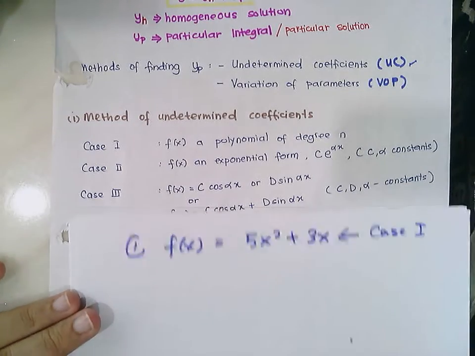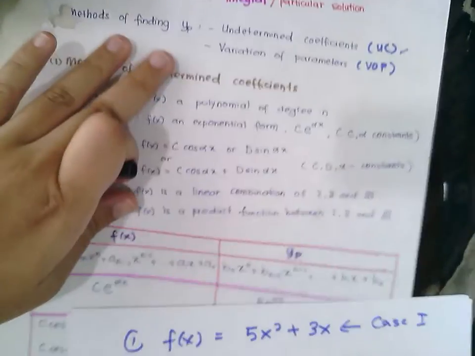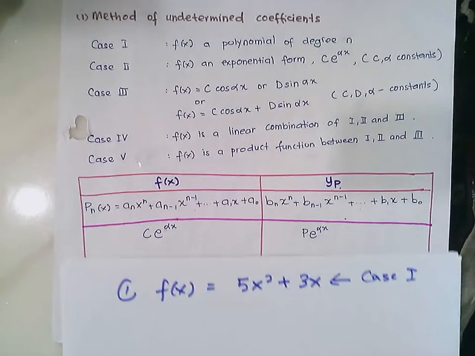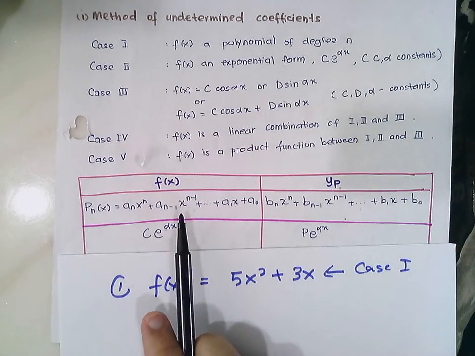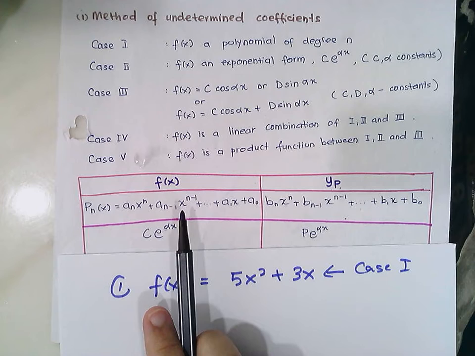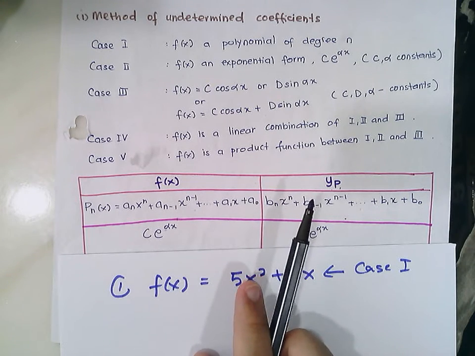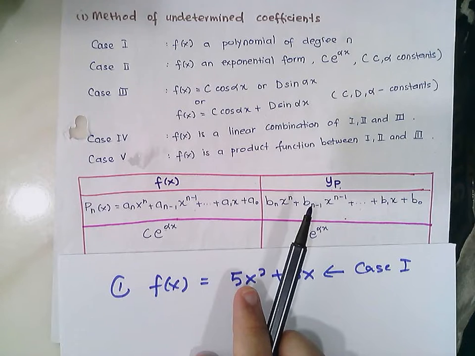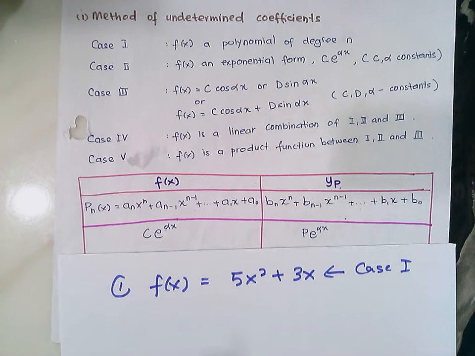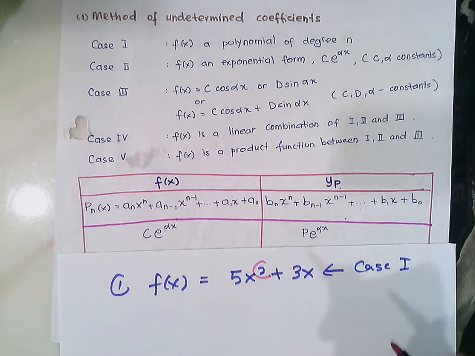Okay, now take a look at this table. When your fx is a polynomial function, we suggest that your yp must also be a polynomial function. Take a look at this one. What is the highest power of your x here? The highest power is 2.